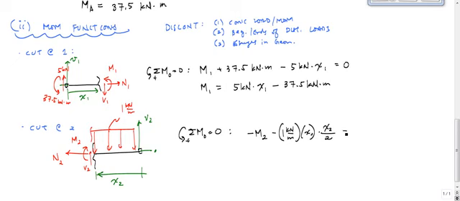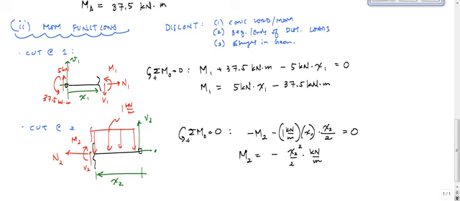And I think that's it, is equal to 0, and that tells me M2 is minus X2 squared over 2 kilonewtons per meter. Yeah, that looks good.